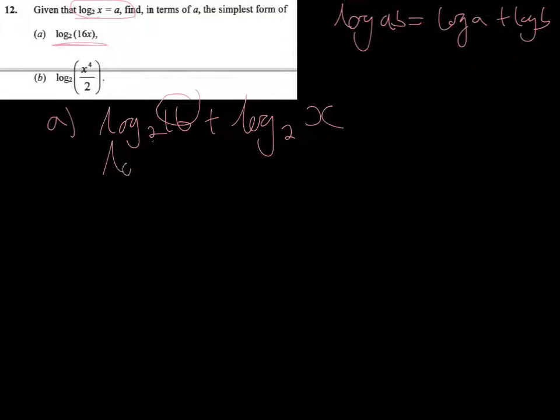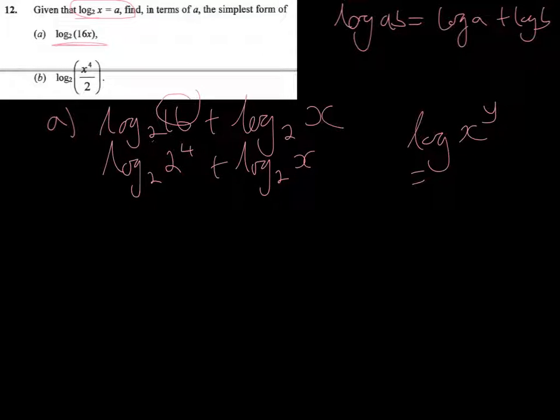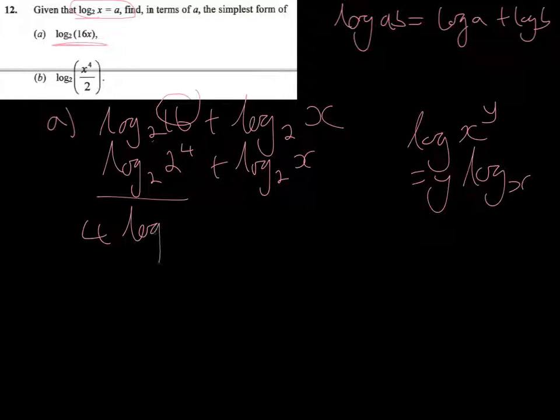So we can express this as log to the base 2 of 2 to the power 4 plus log to the base 2 of x. Use the log law that log x^y is the same as y log x to rewrite the first expression as 4 log to the base 2 of 2 plus log to the base 2 of x.